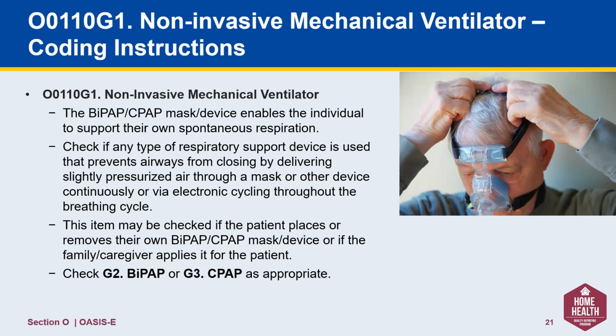This item may be checked if the patient places or removes their own BiPAP or CPAP mask or device, or if the family or caregiver applies it to the patient. You would check G2 BiPAP or G3 CPAP as appropriate.